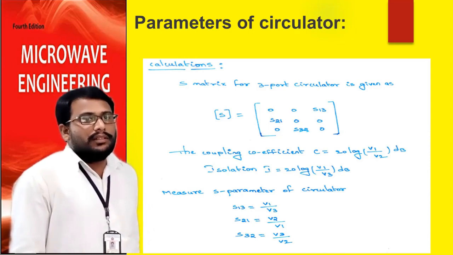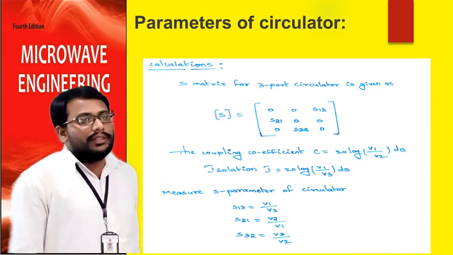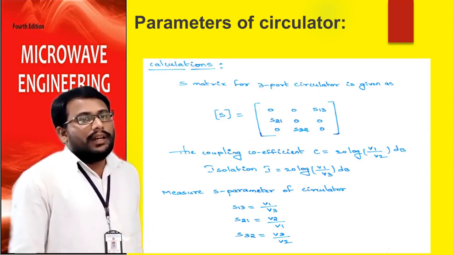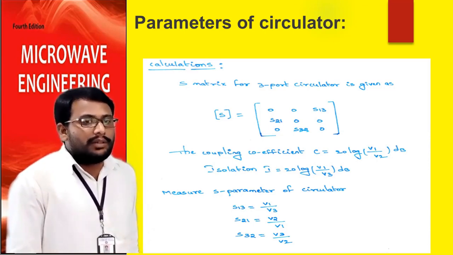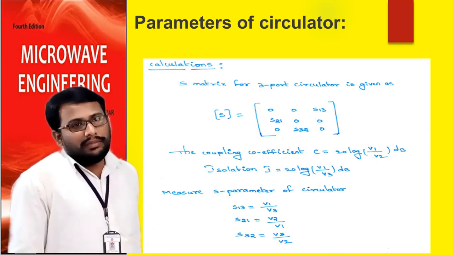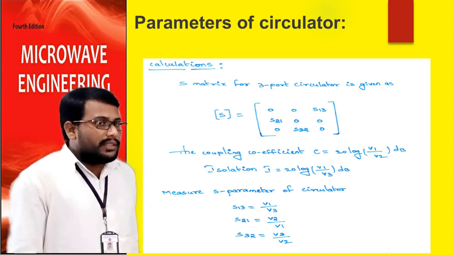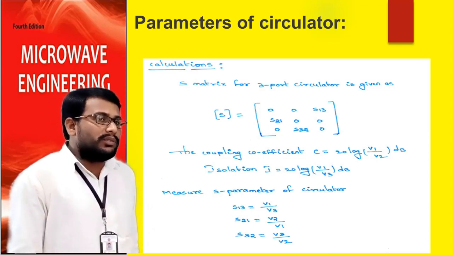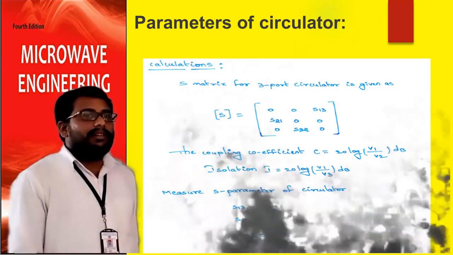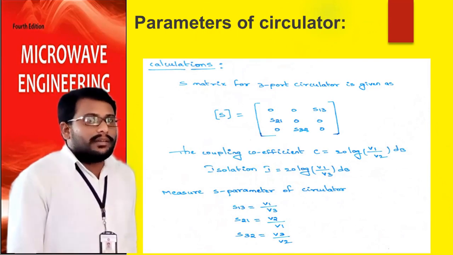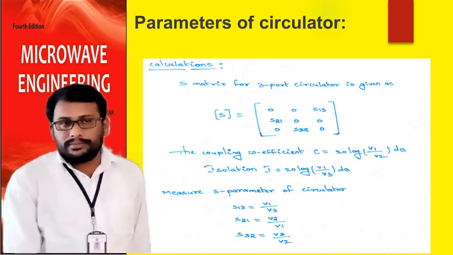S13 is the ratio of V1 to V3, S21 is V2 to V1, and S32 is V3 to V2. Here V1 means the voltage at port 1, and V3 means the voltage at port 3. By taking the ratio, we can find out the scattering matrix values.